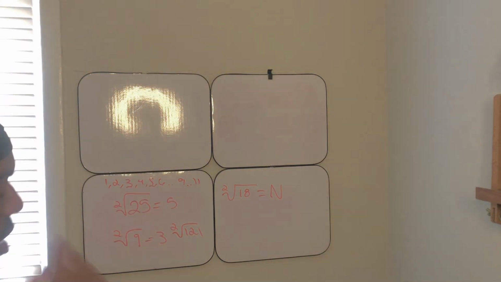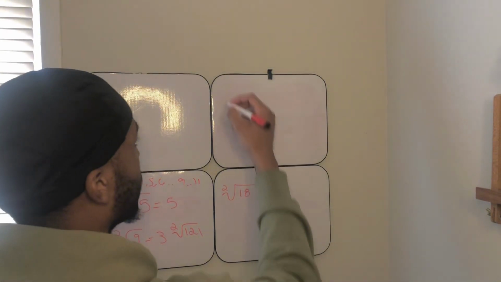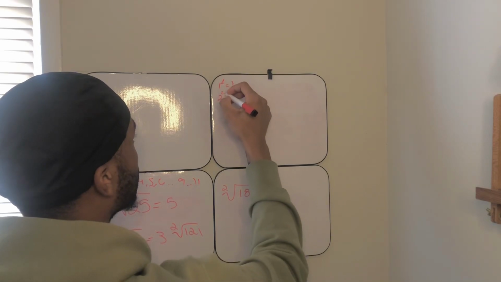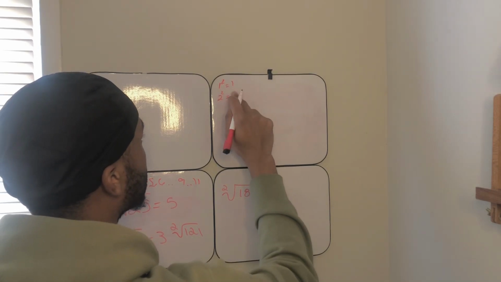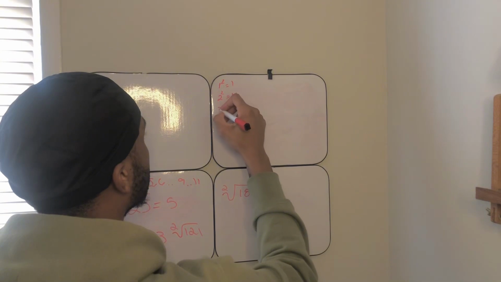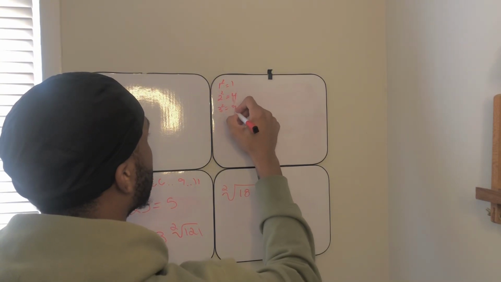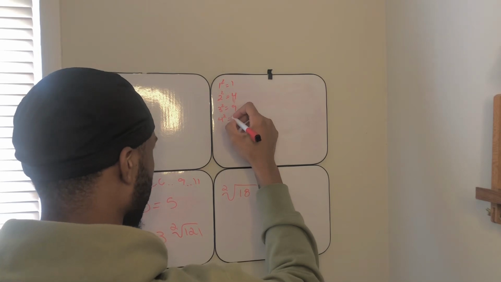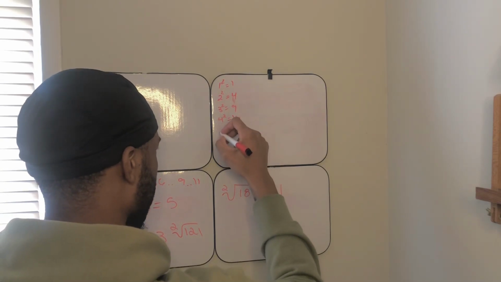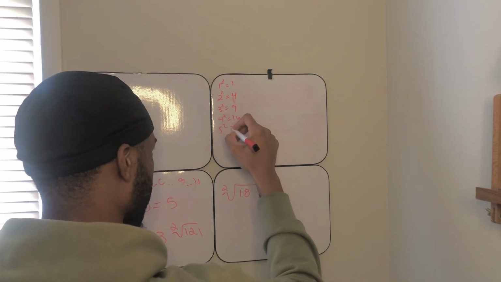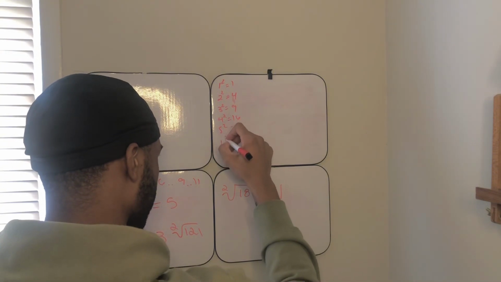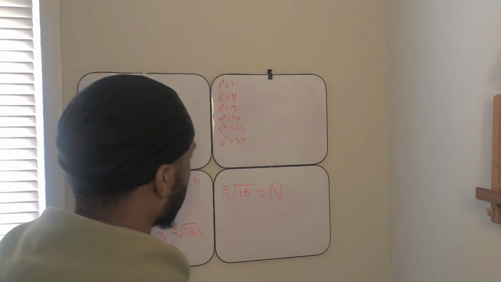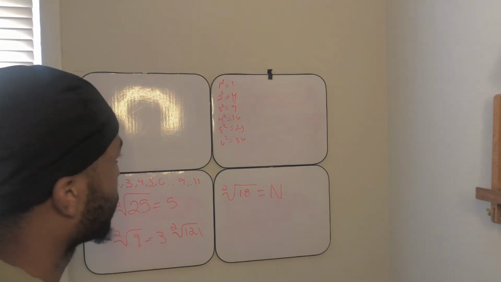So let's look at some squares real quick. 1 squared is 1, 2 squared is 4, 3 squared is 9, 4 squared is 16, 25, 36. And we'll stop right there.